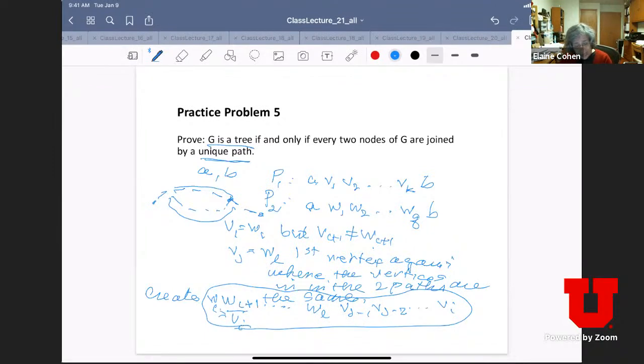So I have a loop, I have a circuit. None of the edges are the same because I said none of the vertices inside it are the same. So I have created a circuit. Okay. That's a cycle, which implies G is not a tree. And that's a contradiction.